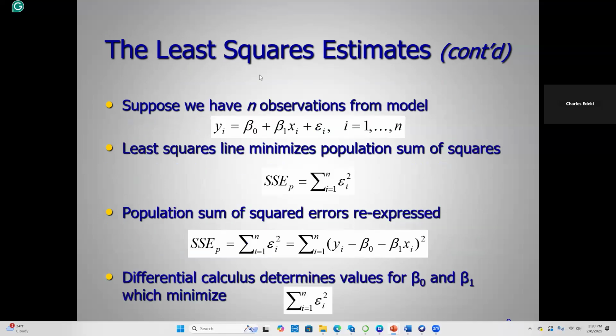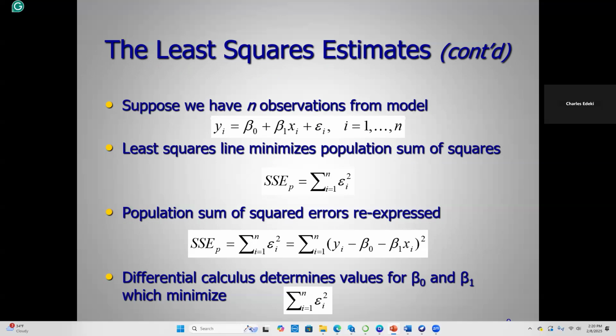Okay, so these are a few items we should go through. The least squares estimate. Suppose we have n observations from the model, then we have yi equal to b0 plus b1 xi, and let's keep going till we reach n. Then we also have the least squares line that minimizes the population sum of squares.